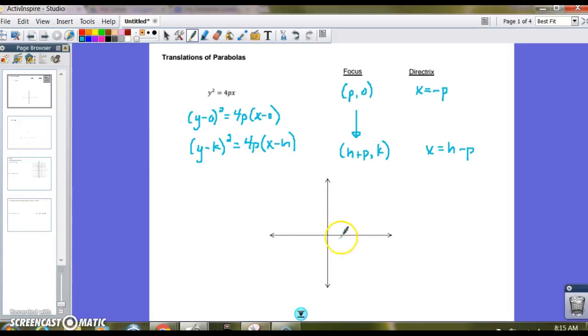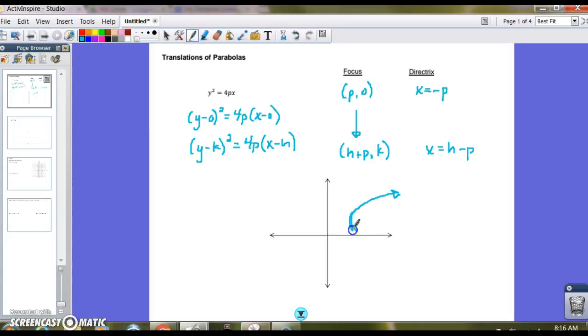If you were to graph that, let's say you have a parabola that is centered here at (h, k), and so your parabola goes like this and comes around like this. Not the best drawing, let me redraw that because that didn't come out very good. Okay, sorry guys. So let's say our parabola is like this.